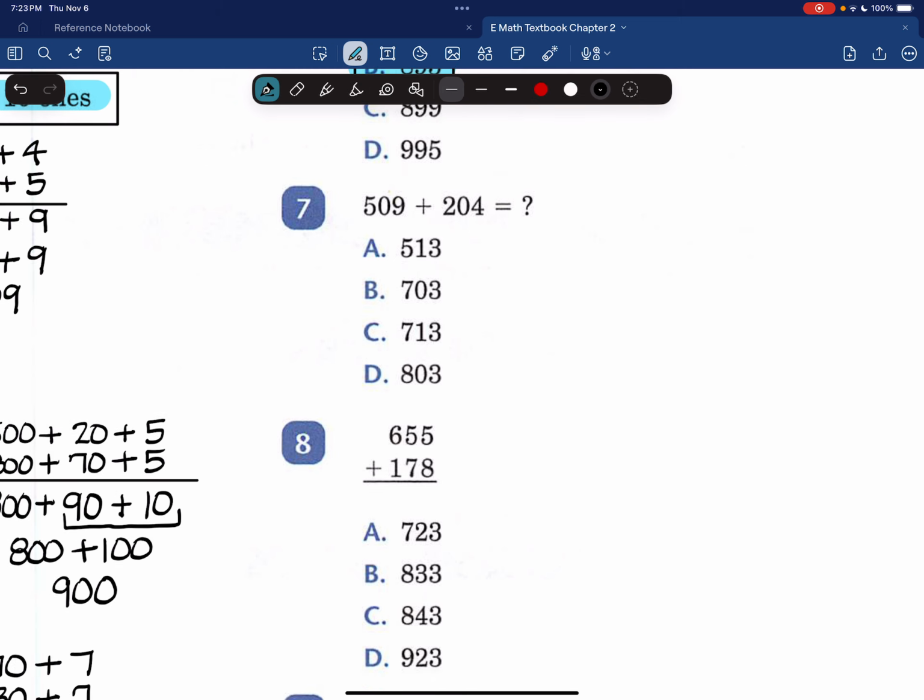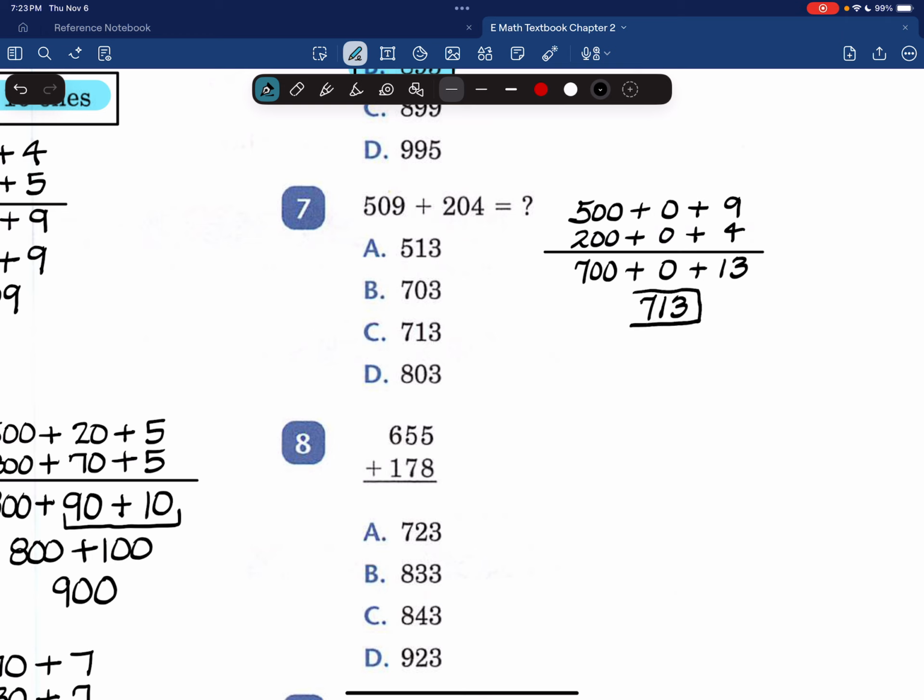Then I have 5 hundreds, 0 tens, and 9 ones. Then 200, 0 tens, and 4 ones. And when you add those together, you will get 7 hundreds, 0 tens, and 13 ones. So that would become 713. I'm liking answer C on this one.